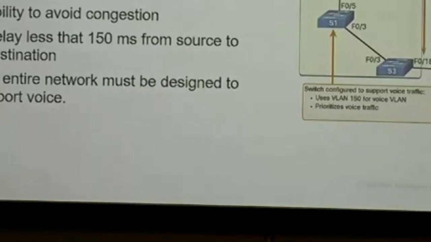So it's still technically two VLANs, and technically this is a trunk, but only one physical line. This is a special kind of trunk. The PC is going to be in a data VLAN and the phone is in the voice VLAN, but they go back to the same port.